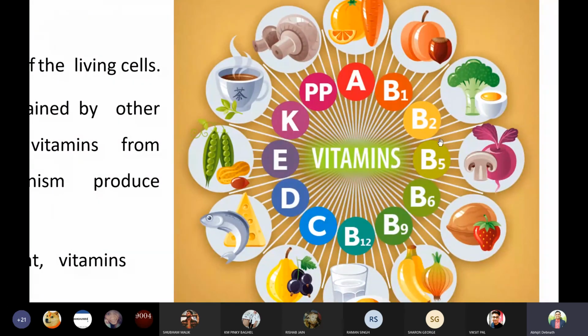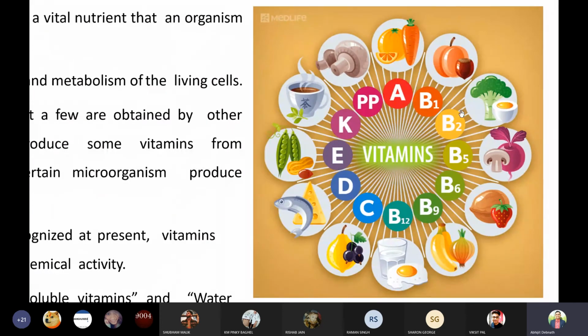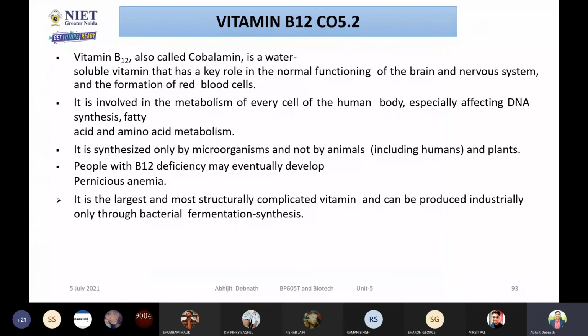Here I have a very interesting picture of the various vitamins and their natural sources: vitamin A, B1, B2, B3, B5, B6, B9, B12, C, D, E, K. Of all those vitamins, our interest is vitamin B12, also called cobalamin.